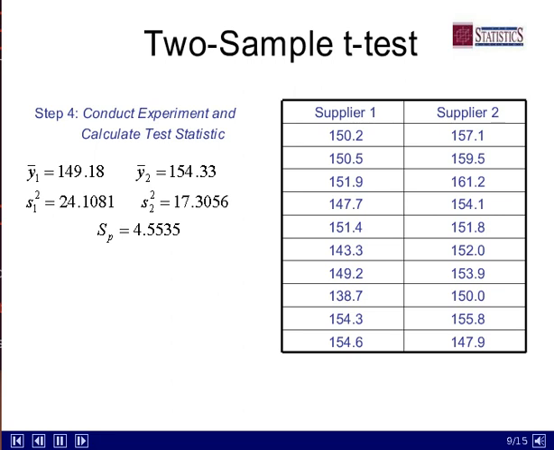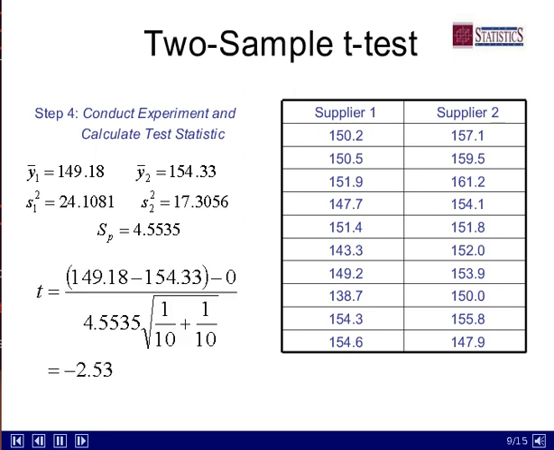We get the two sample variances, S1 squared and S2 squared, and then I've calculated SP. Do notice that SP there is not SP squared, it's SP. SP squared will simply be the average of the two S squareds, S1 squared plus S2 squared over 2, because we took the same sample size, 10.